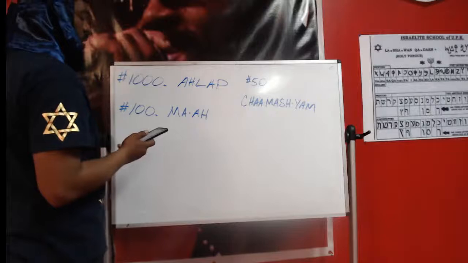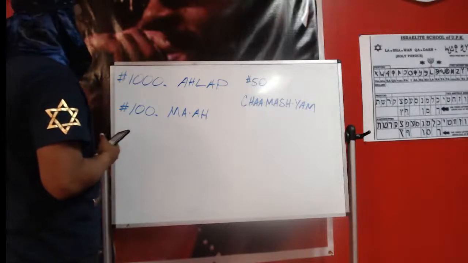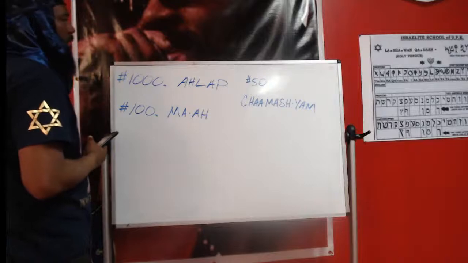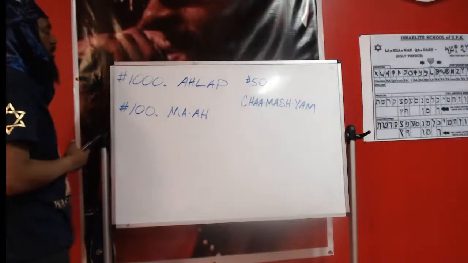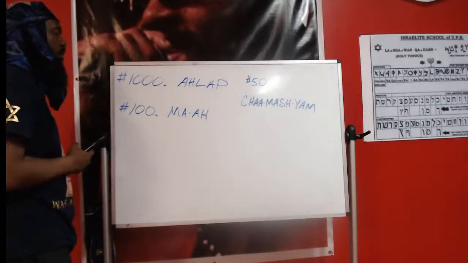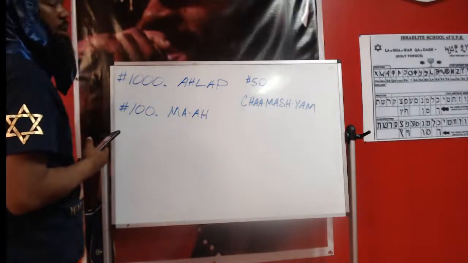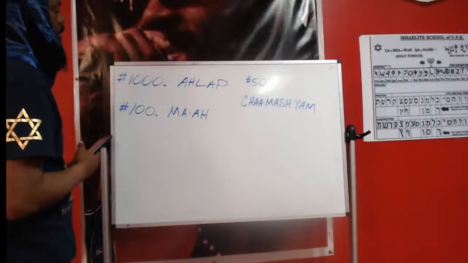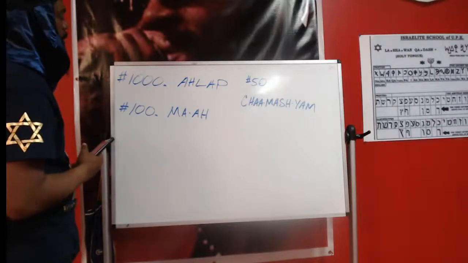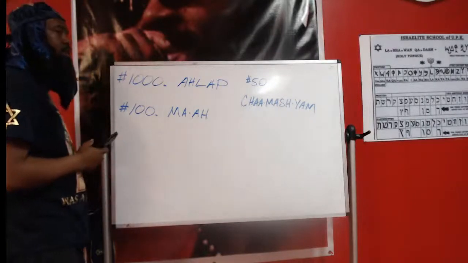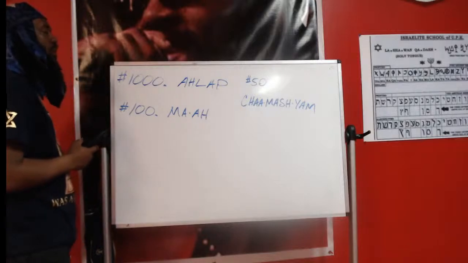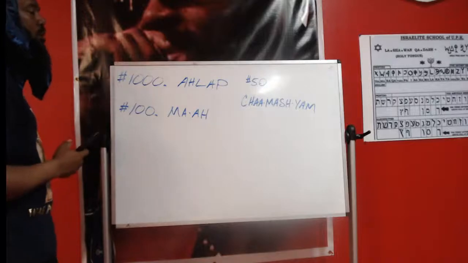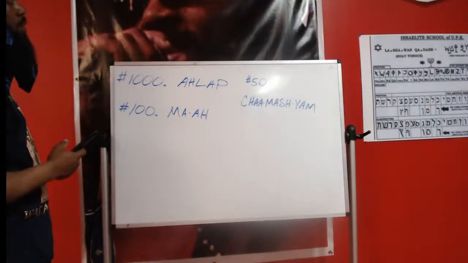Okay, so Hebrews 1:1, we went over our alphabets, of course. We did a review on the tribes, the 12 tribes of Israel, in ancient Hebrew and Assyrian. Then we went over our numbers, 1 through 25, and the book of Proverbs, chapter 1, verse 7, and the book of Psalms, chapter 44, verse 11.